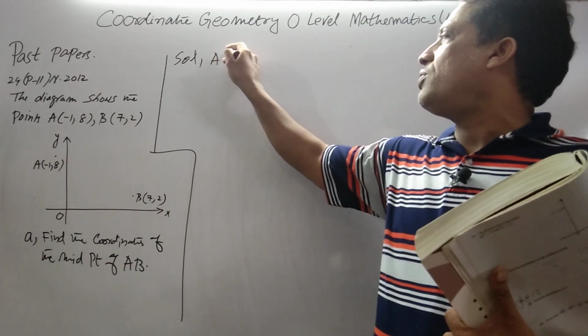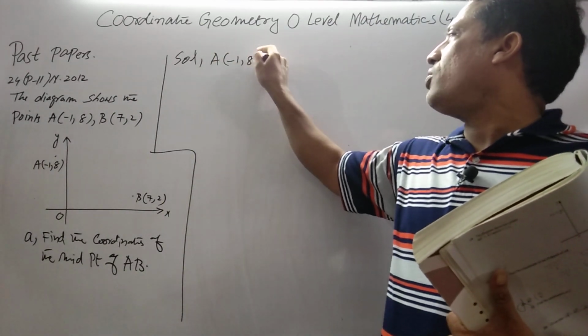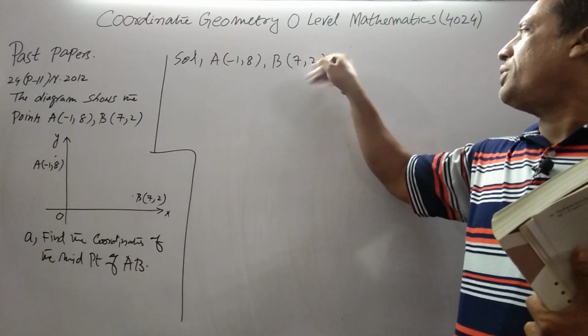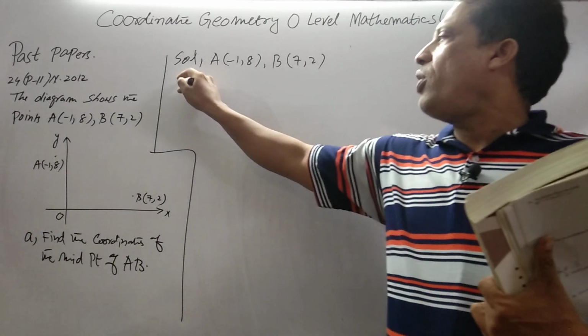What are the coordinates of A? (-1, 8). Coordinates of B, (7, 2). And you know the midpoint formula.